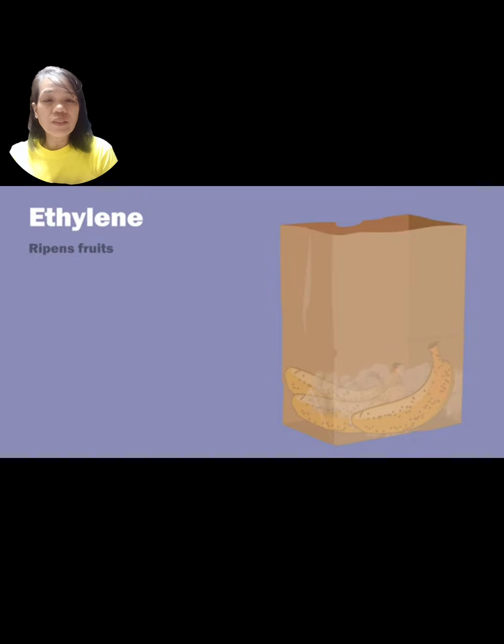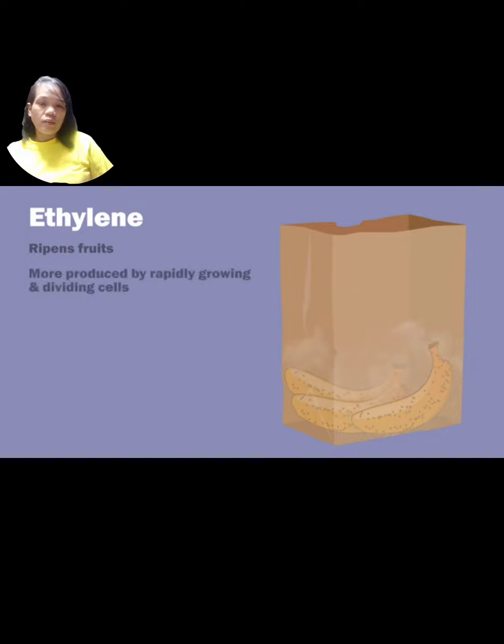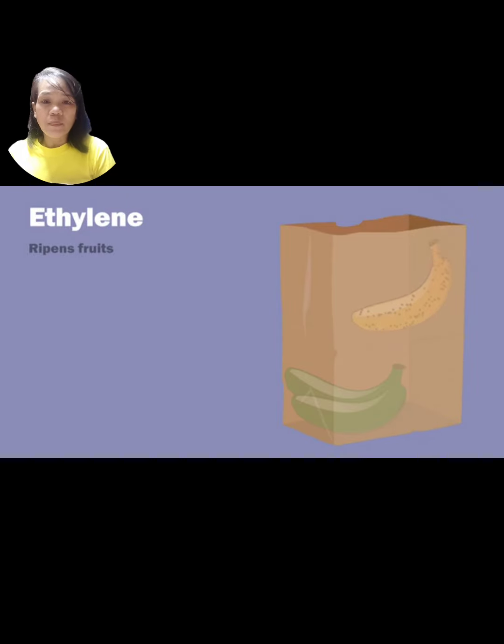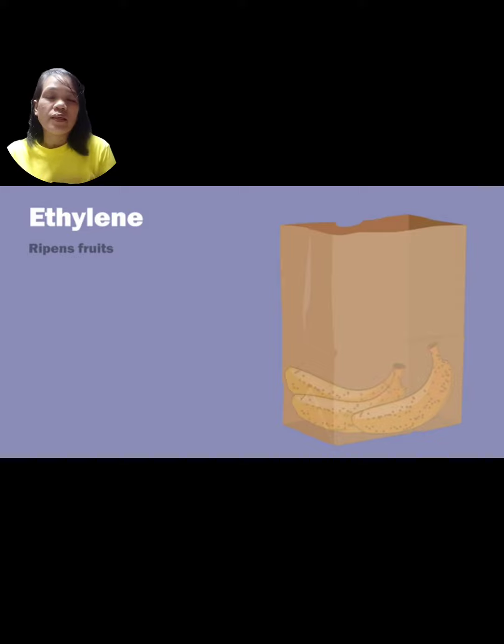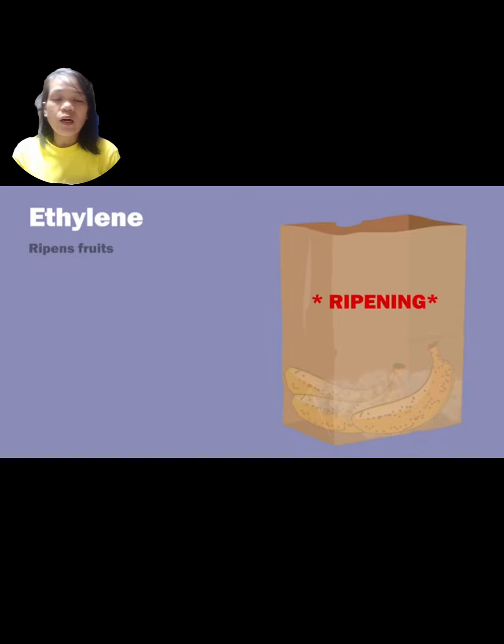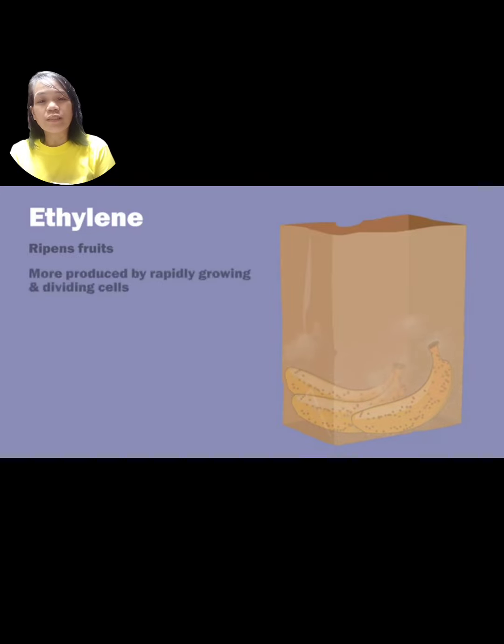Ethylene, the magical ripening hormone. If you put your ripe bananas in the bag with the unripe bananas, the unripe bananas will ripen much more quickly.